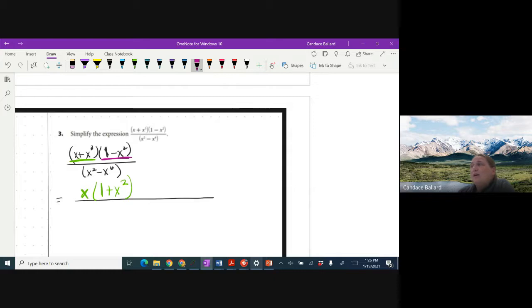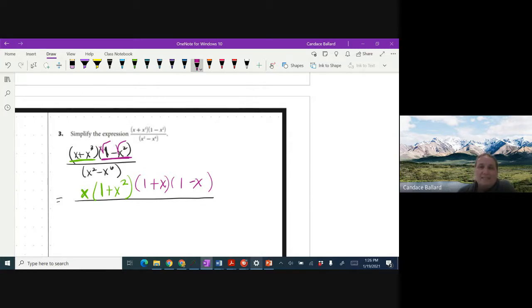Nice job. It is difference of squares. I know it's written weird and backwards, but we're going to go with it. We take the square root of 1, which is 1. We take the square root of x squared, which is x. Make one a plus and one a minus. We've done that a whole bunch of times, so we should be good at it by now.